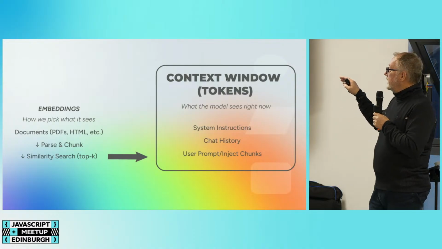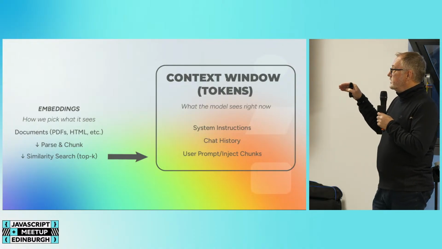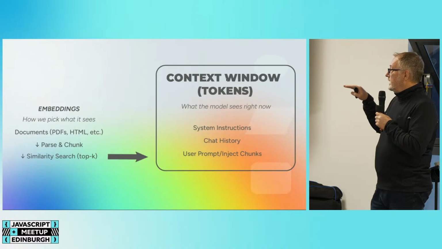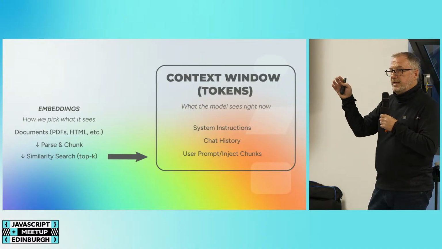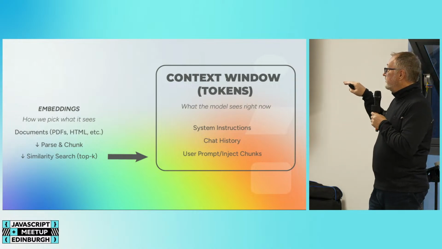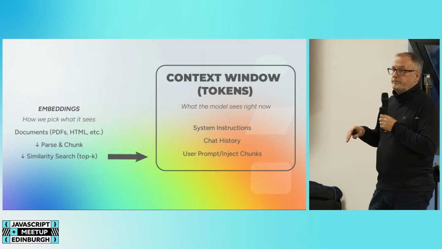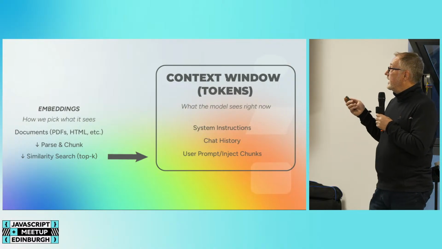So, to go through that again: system instructions, chat history in that order, and then anything you're adding in, like a PDF for the chat, or a PDF or text document for an API call, goes in just at the point that you're prompting. So that's the order.